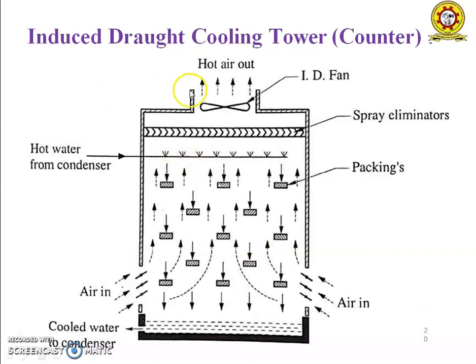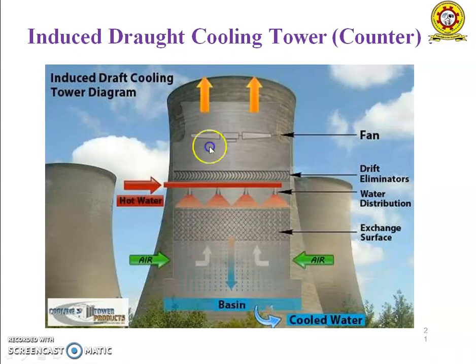And this is the induced draught cooling tower. The induced draught cooling tower is a combination of both natural and forced. Here the air enters naturally and the fan is used for exhausting the hot air. The process is the same as the forced draught.